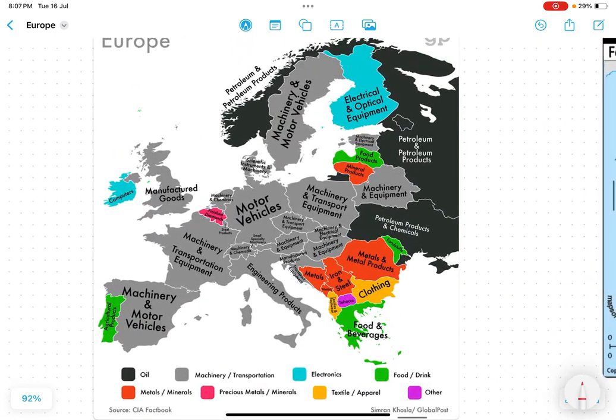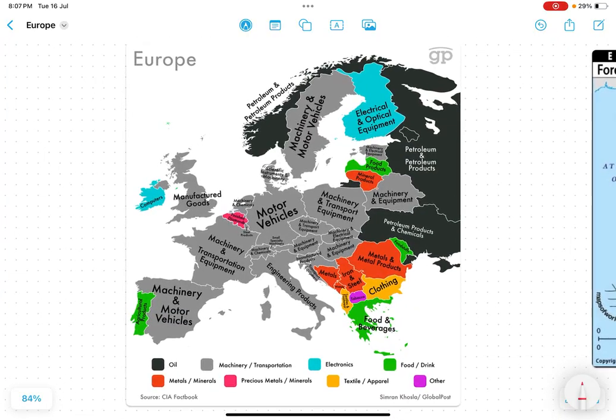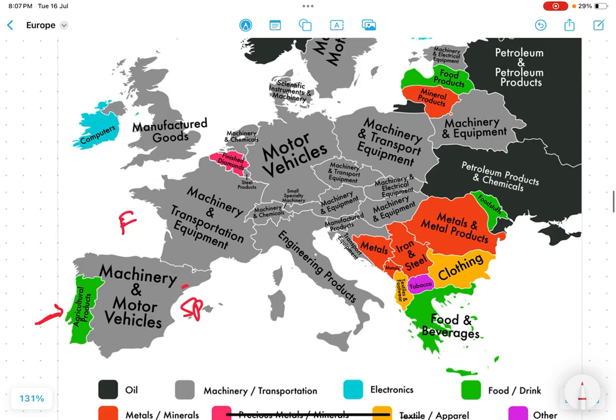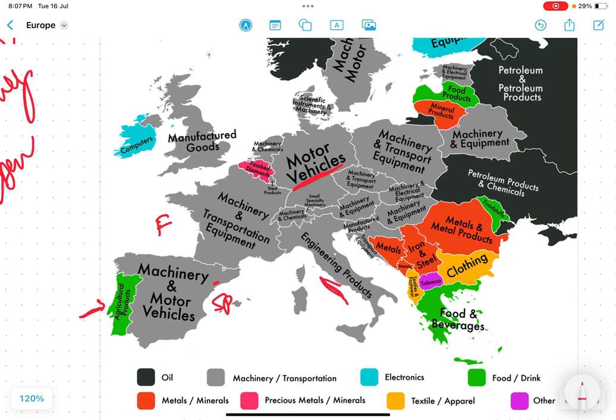Let's see what are the products that are exported that bring back the maximum money to the country. Maximum in terms of money, right? So you can see we have agricultural products from Portugal, machinery and motor vehicles from Spain, machinery and transportation equipment from France, then motor vehicles and engineering products from Italy.